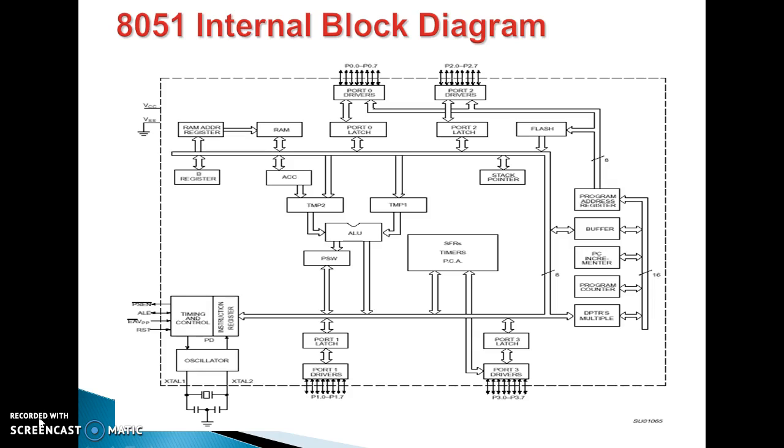And we have registers, special function registers, stack pointer, RAM and ROM, and 4 ports, port 0, port 1, port 2 and port 3, timing and control, instruction register, and an oscillator used to provide the necessary frequency for the 8051 microcontroller. And it has a program address register, buffer, program counter and DPTR multiple. And we have a stack pointer also.